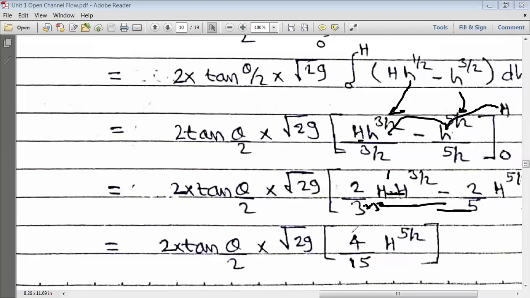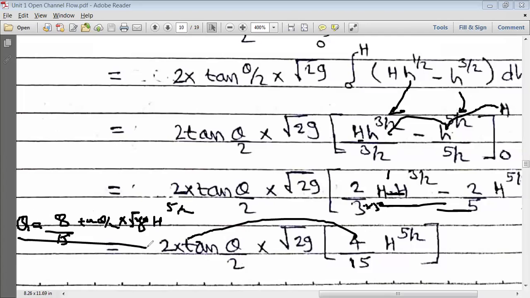Now this 4 multiplied by this 2 will be 8 by 15. Tan theta by 2 into under root of 2g and h raised to 5/2. This is the equation for the theoretical discharge.